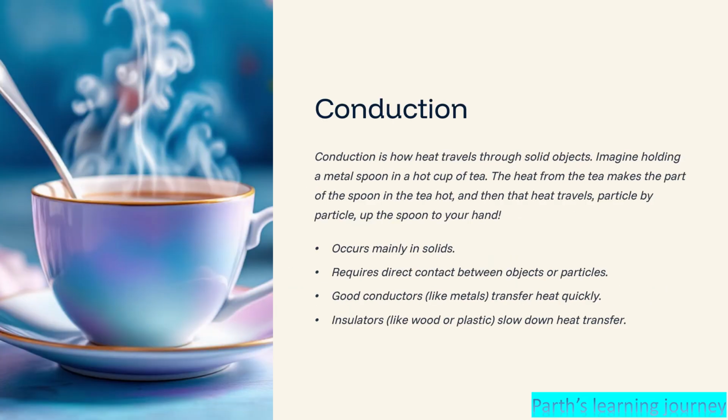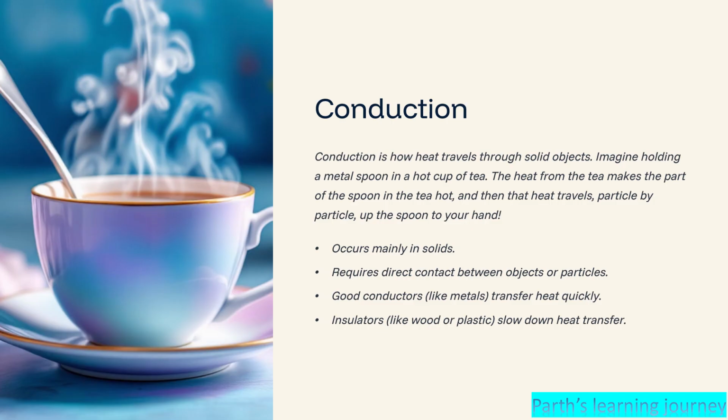First, conduction. Conduction is how heat travels through solid objects. Imagine holding a metal spoon in a hot cup of tea. The heat from the tea makes the part of the spoon in the tea hot. Then that heat travels particle by particle up the spoon to your hand.